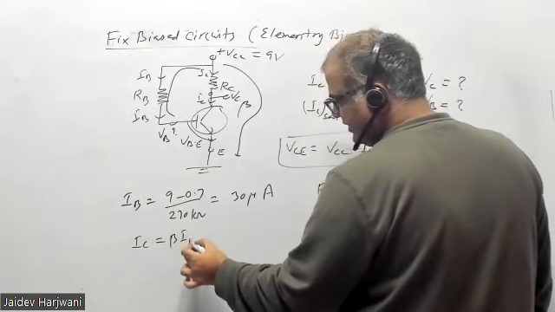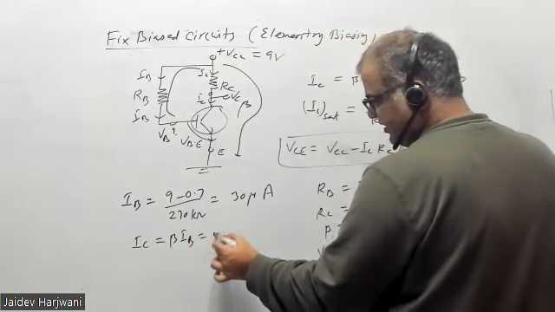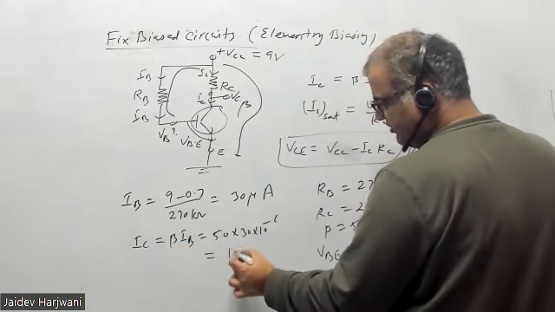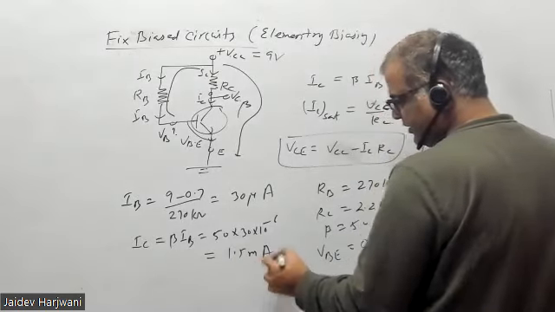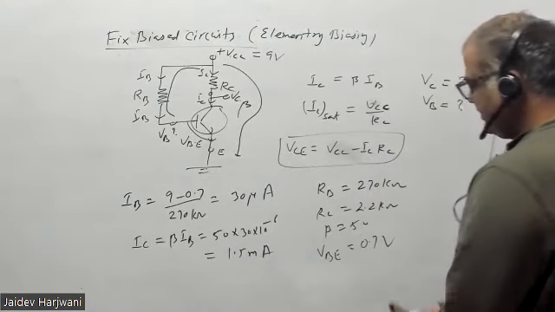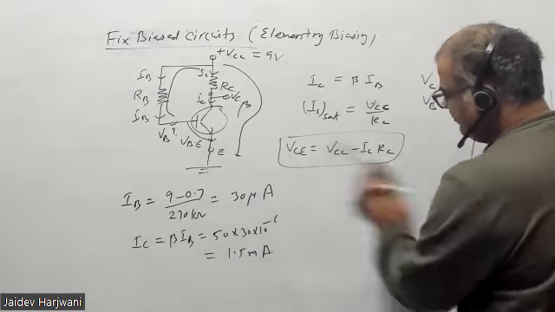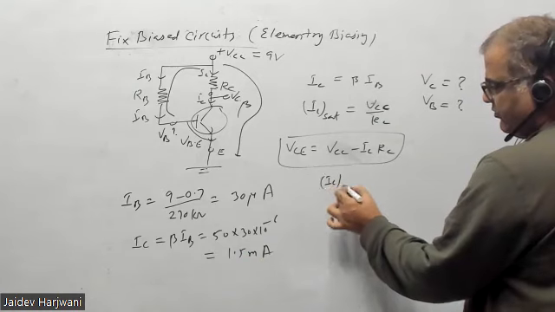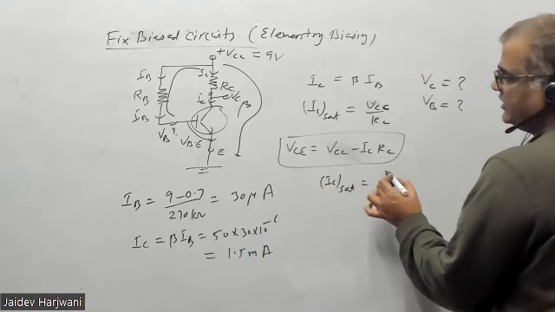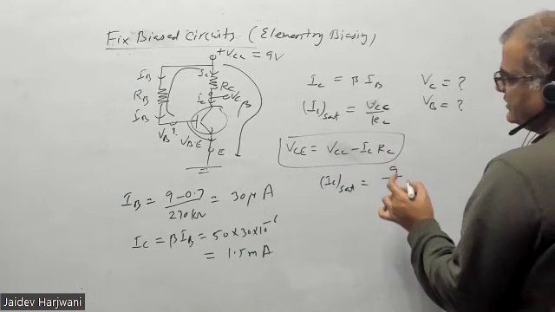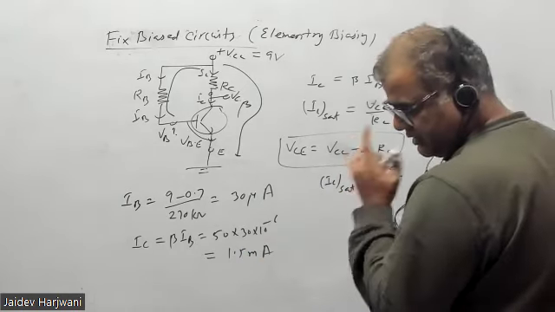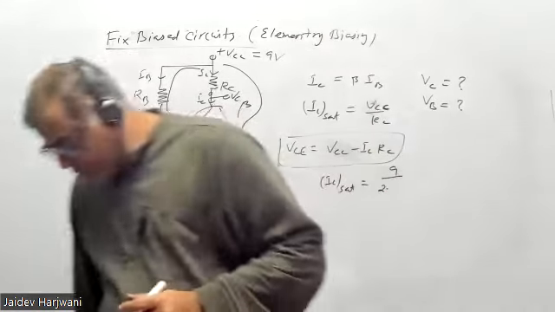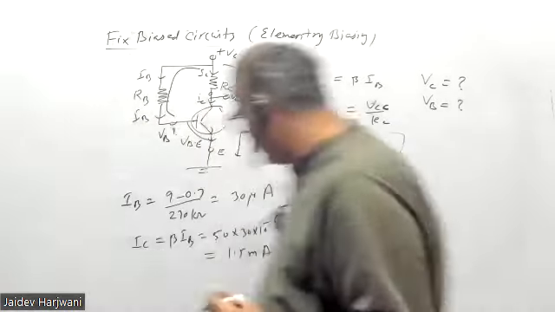Beta IB, that is 50 into 30 microampere, which becomes 1.5 milliampere. Then what is the value of VCE? First you have to find IC saturation. IC saturation is VCC 9 volt divided by RC, which is 2.2 kilo ohm.